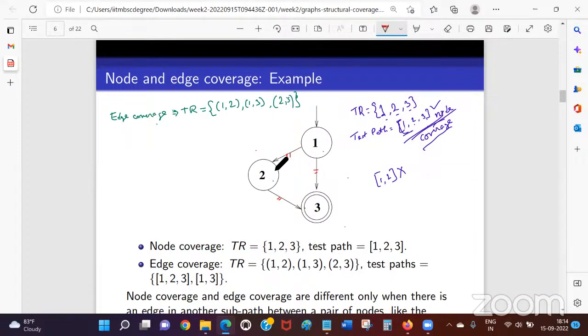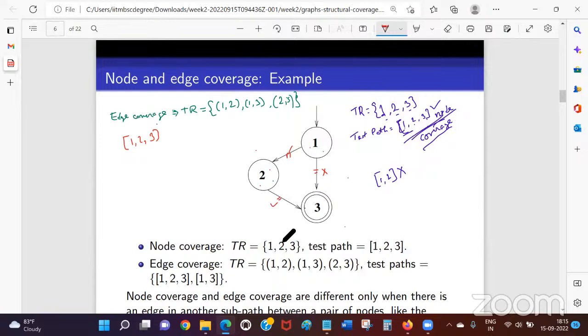Right. Now, if I take a path which is 1, 2, 3. 1, 2, 3 provided me a node coverage, we have already seen, but does it give an edge coverage? So I go to 1, then 2. It covers this particular edge, so this is done. Then 2 to 3, this edge coverage is also done. But does it cover this edge?